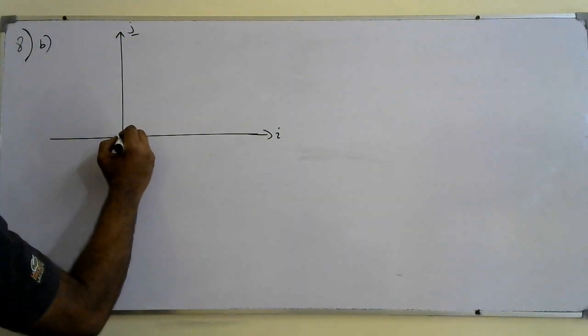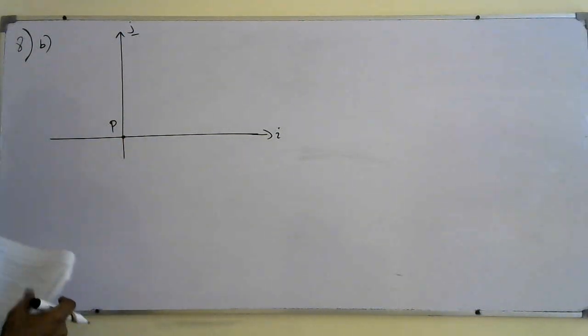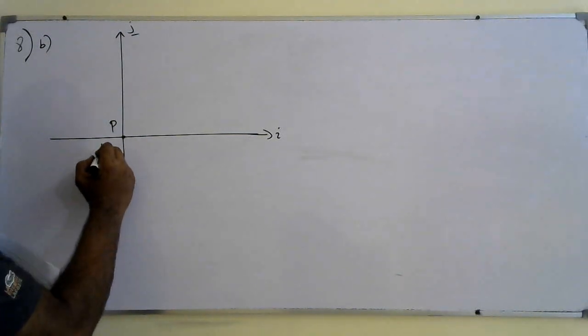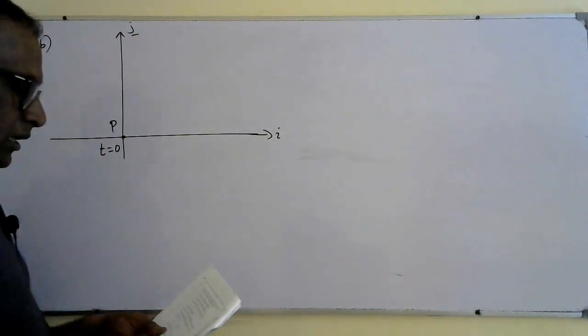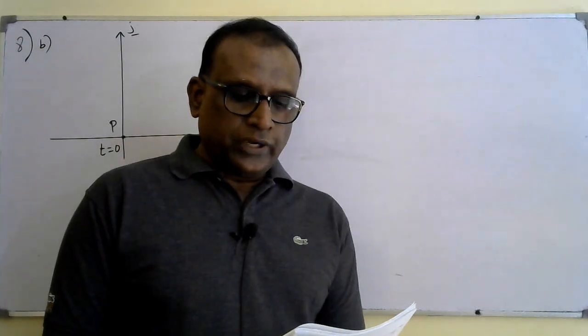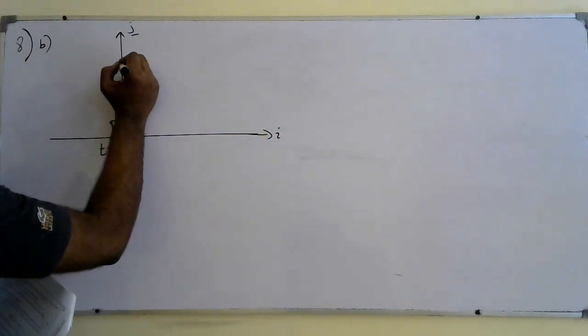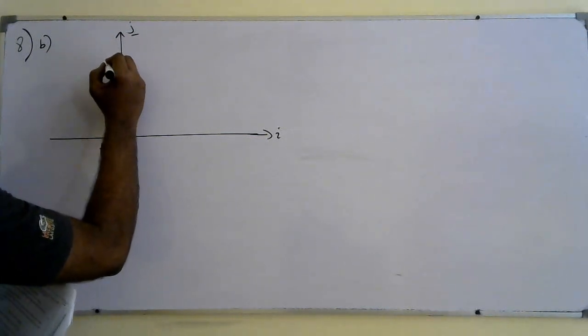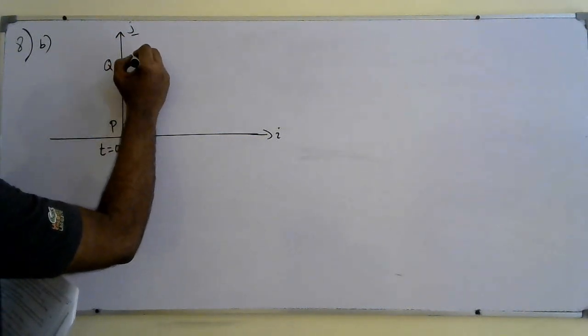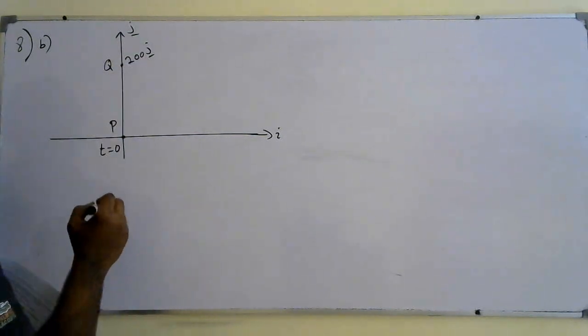Initially P is here at the origin at time t equals 0. Q is at position 200j, so along j at 200, when t equals 0.